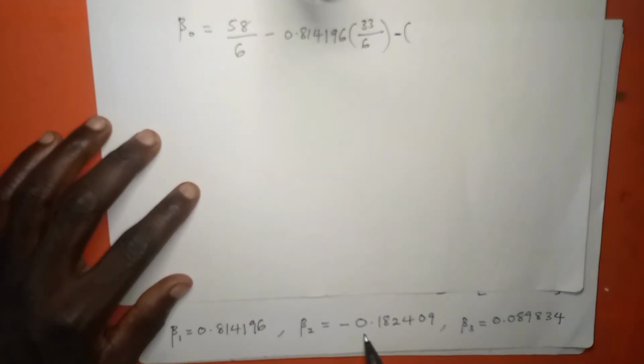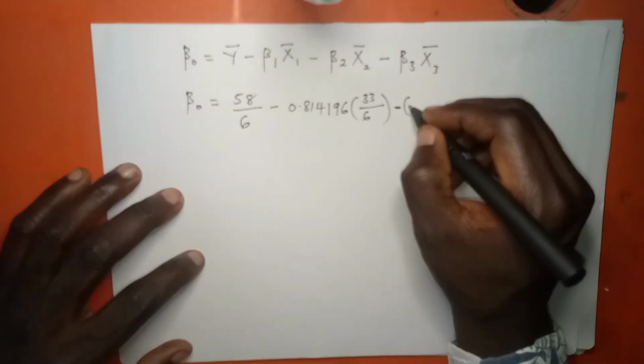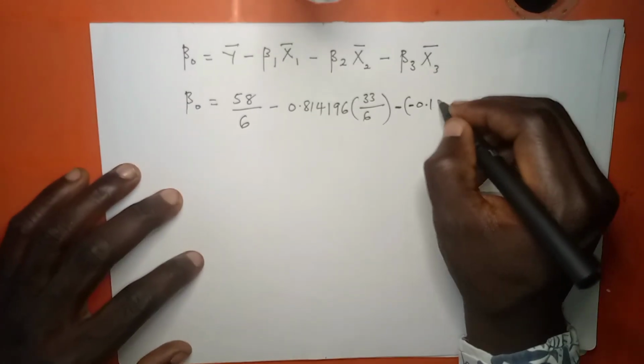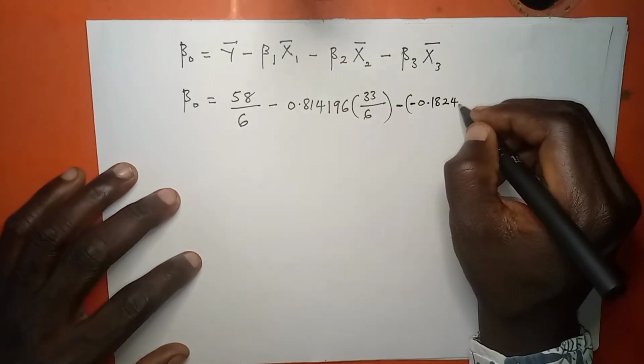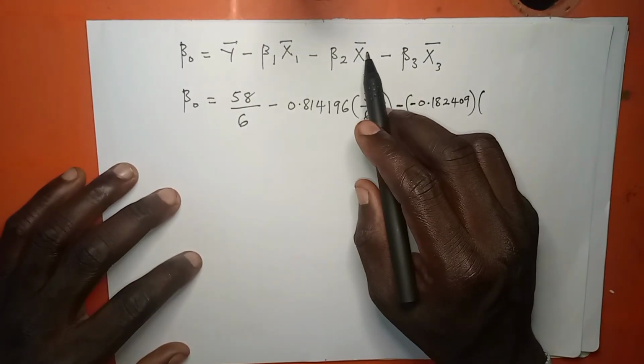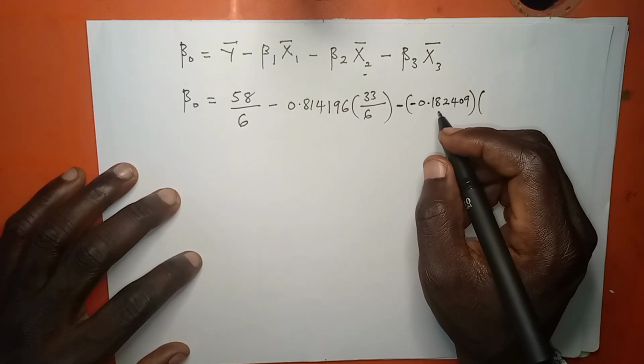Our beta 2 is minus 0.182409 multiplied by x2 bar, which is summation x2 divided by n.